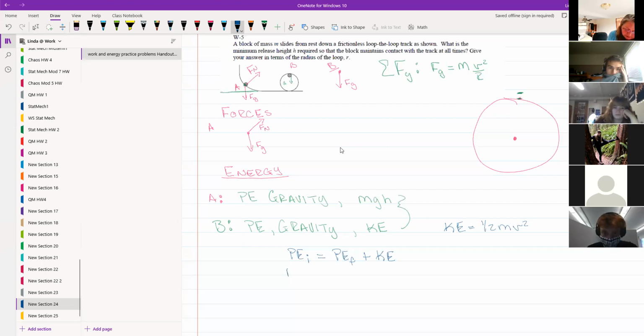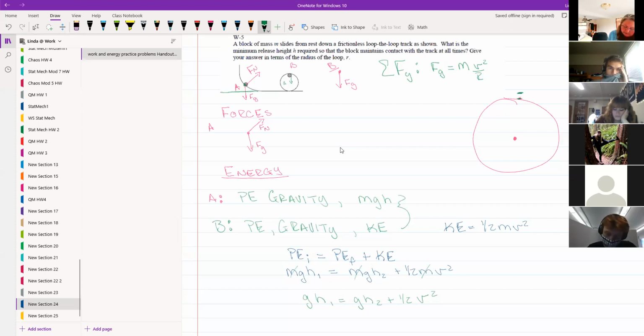I have mg and then h1 for h initial, however I want to define that, is going to go to mgh2 plus 1/2 mv squared. And then I get excited. Things cancel. Let's go ahead and cancel out our masses. So I get gh1 equals gh2 plus 1/2 v squared.